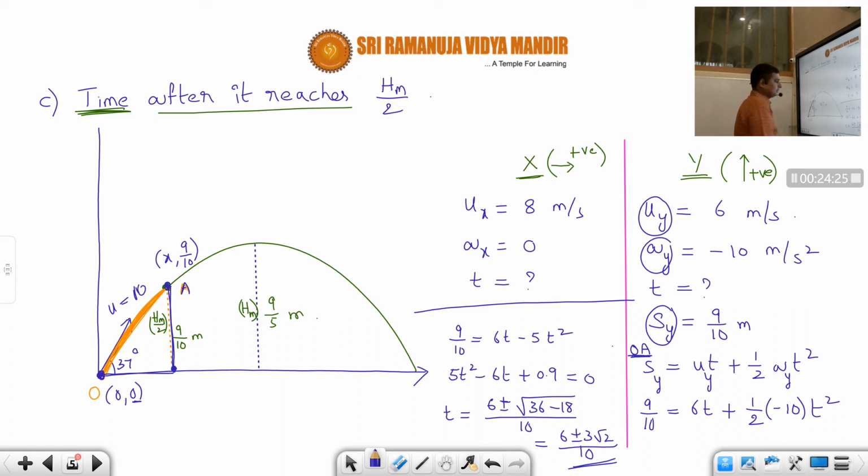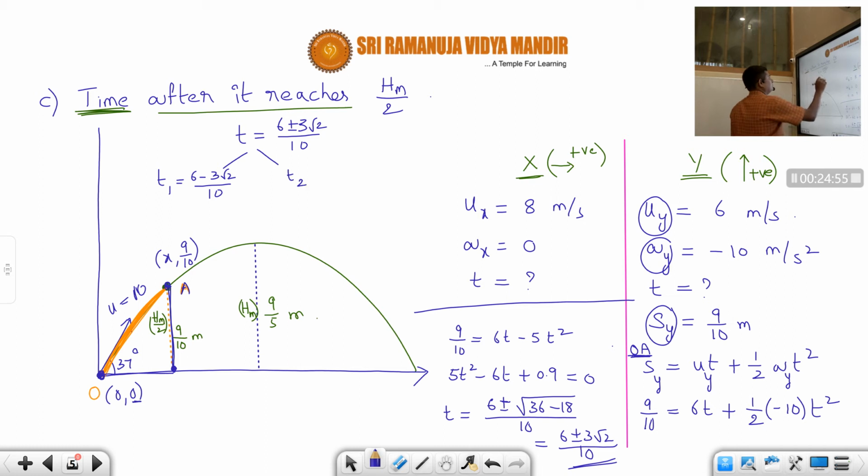Now you may have doubt that there are two answers, two roots. We got t is equal to 6 plus or minus 3 root 2, by 10. So that means there are two roots. One root is 6 minus 3 root 2 by 10. Root 2 is 1.4, so 3 into 1.4 is 4.2, and 6 minus 4.2 is 1.8.